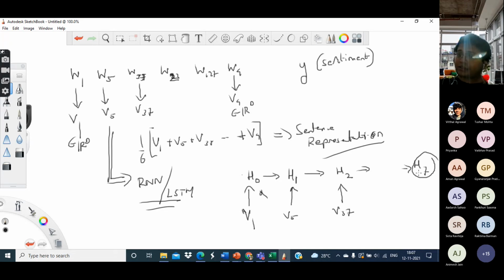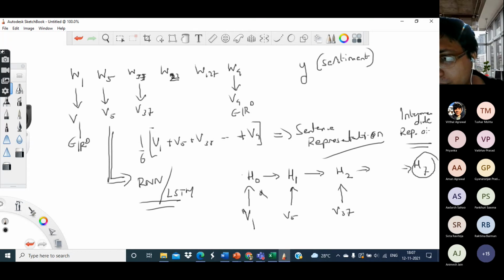So what is this H7? It is the hidden state of the RNN or LSTM. It's basically an intermediate representation of the sentence. Now, what is the size of this representation?